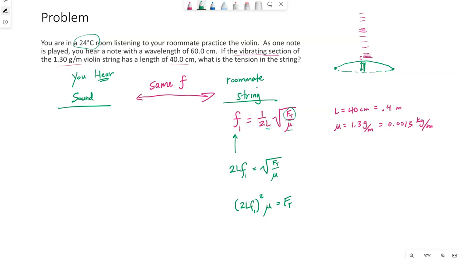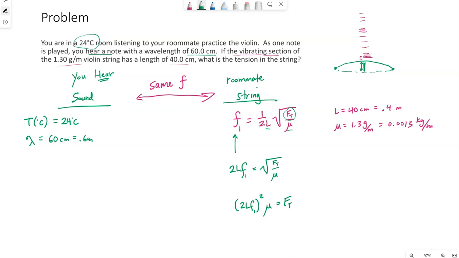We're told we are in a 24 degrees Celsius room. So the temperature in degrees Celsius is 24 degrees. We're also told that we hear a note that has a wavelength. So the wavelength of this sound wave is 60 centimeters, or 0.6 meters.